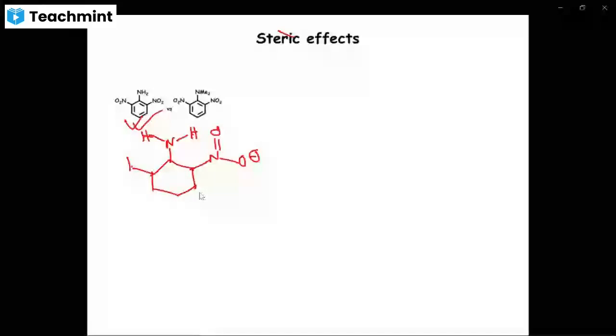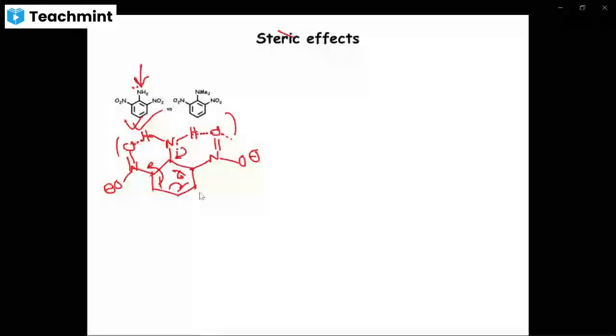So it will drag all its electrons inside the ring, and also inside the nitro group, right? Because of this planar situation, there is no electron available on the nitrogen atom at all. Its basicity drops down very much.